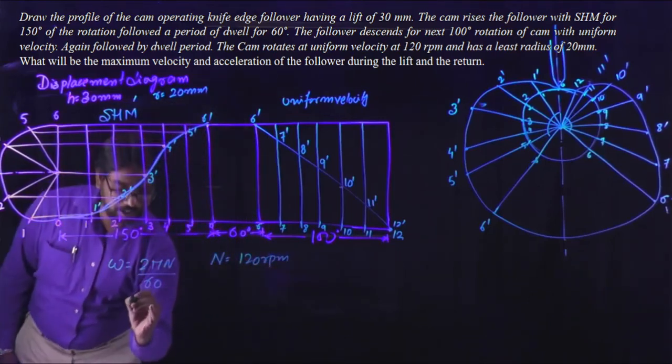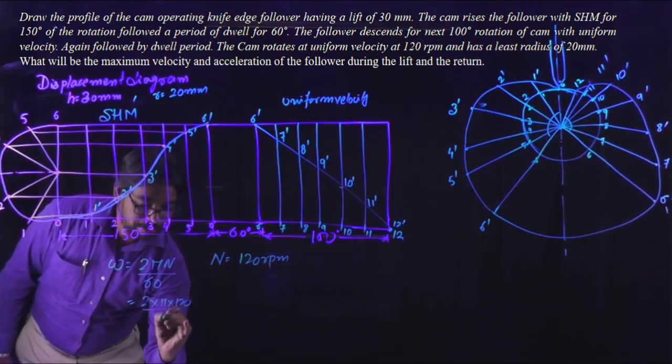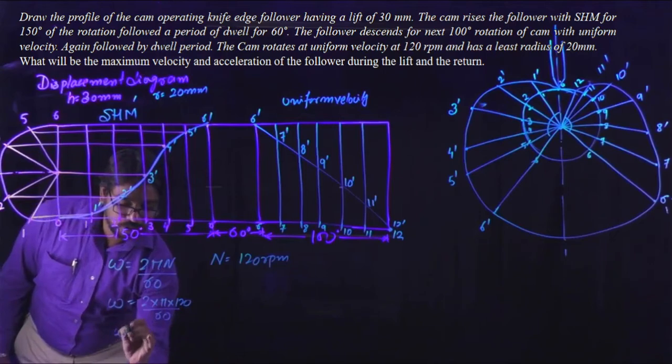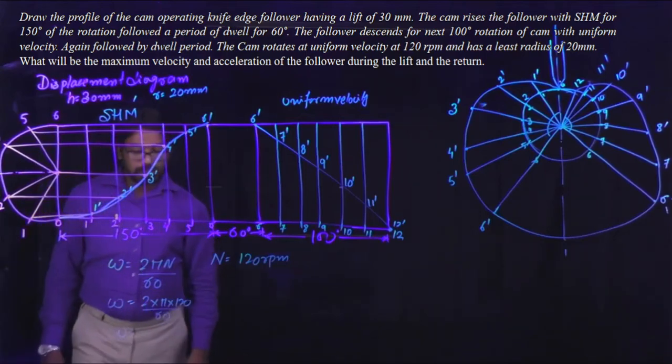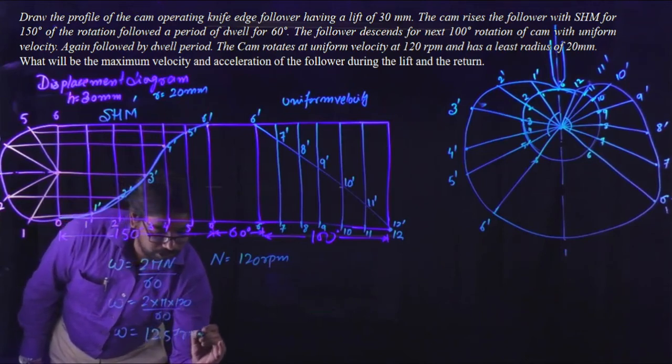We substitute those values here. Once you simplify, omega becomes 12.57 radian per second.